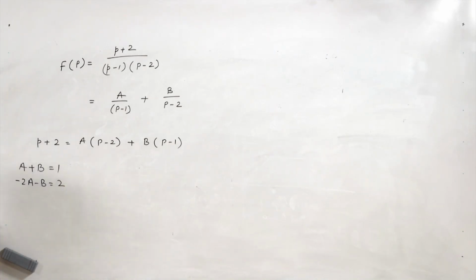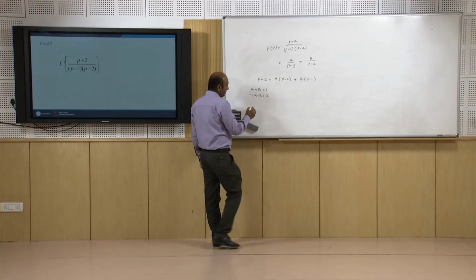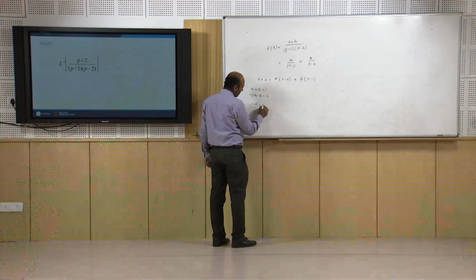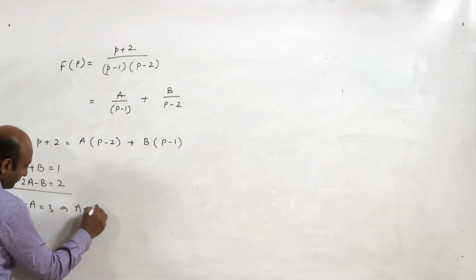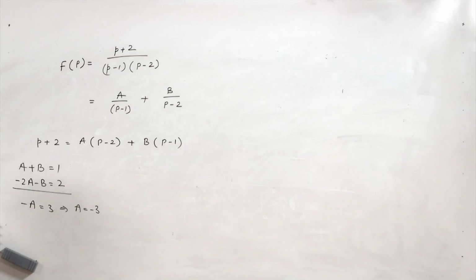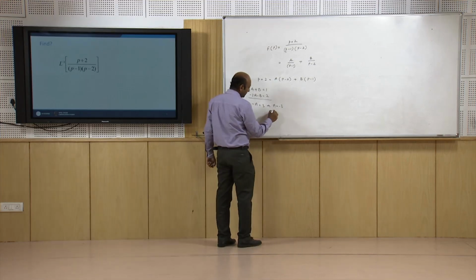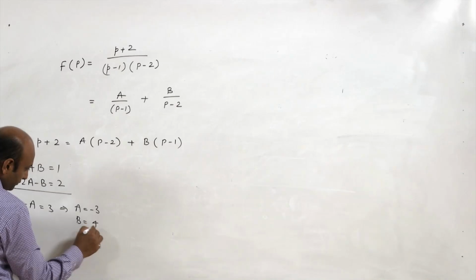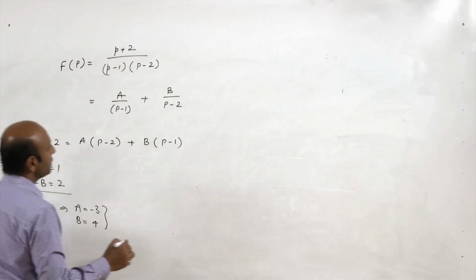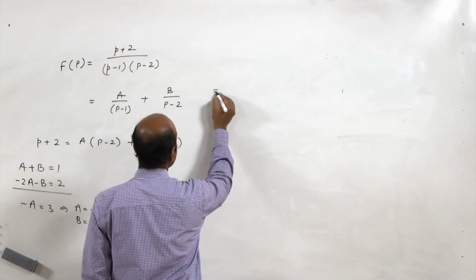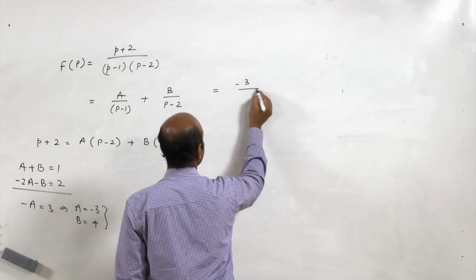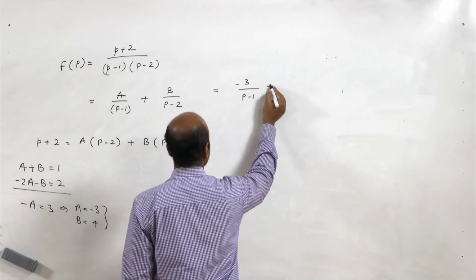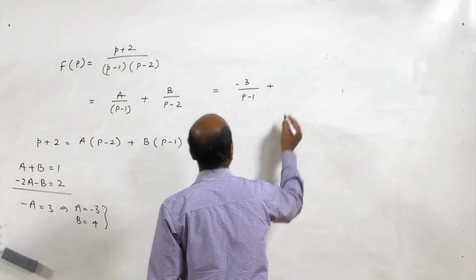When you find A and B from these two, minus A will be 3 when you add these two, which implies A is minus 3, and when you put A equals minus 3, B will be nothing but 4. So this expression is nothing but minus 3 upon (p minus 1) plus 4 upon (p minus 2).